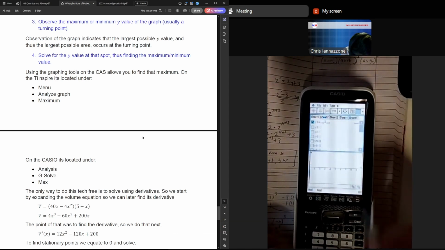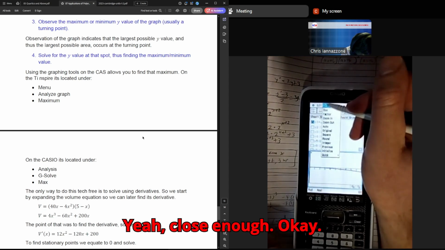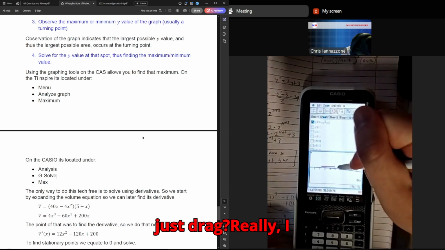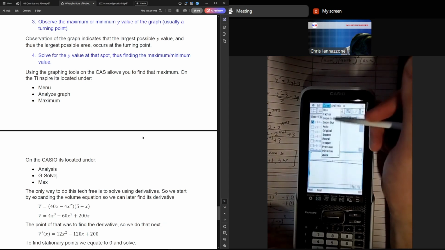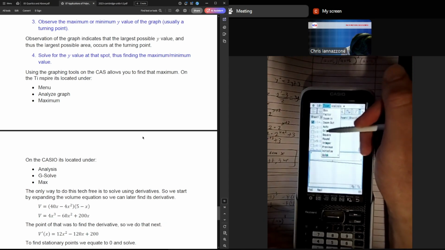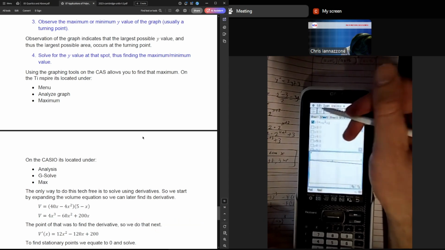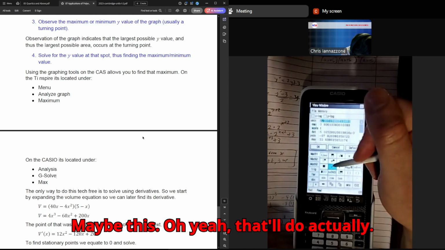Table. For this. Yeah, close enough. Okay. Box, zoom. Can I just drag? Really, I just can't do it, can I? It's got to be something. Maybe this.